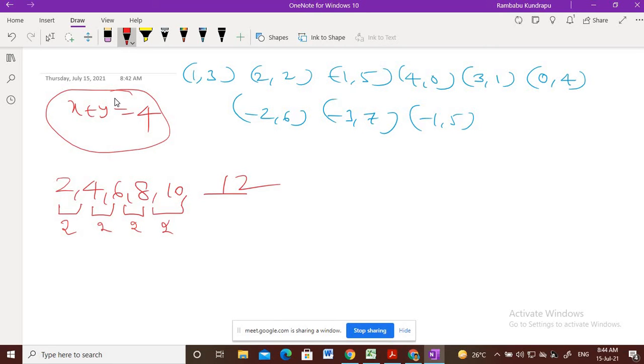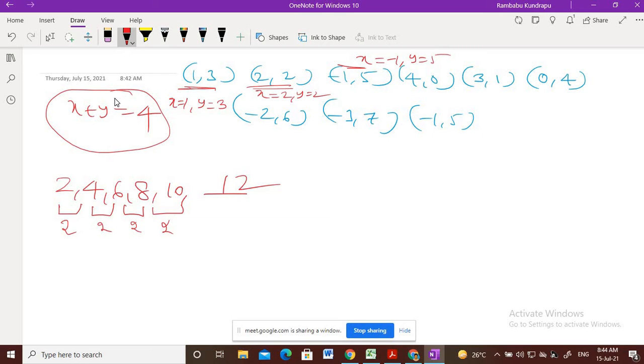Same, students, here you take the point 1, 3. For this point, x is equal to 1 and y is equal to 3. For the point 2, 2, x is equal to 2, y is equal to 2. For this point, x is equal to minus 1, y is equal to 5.